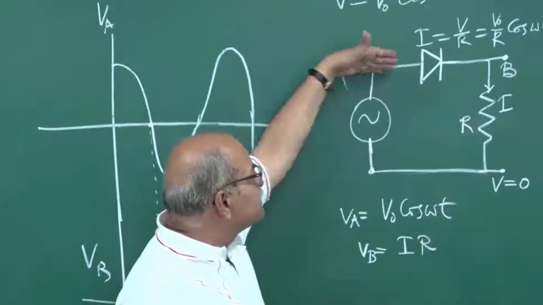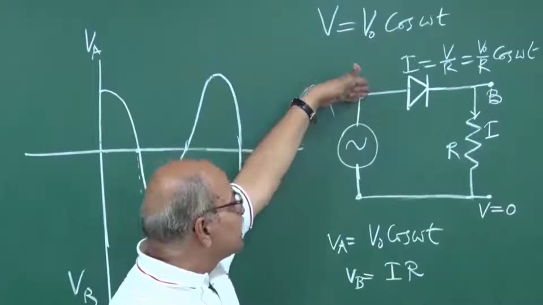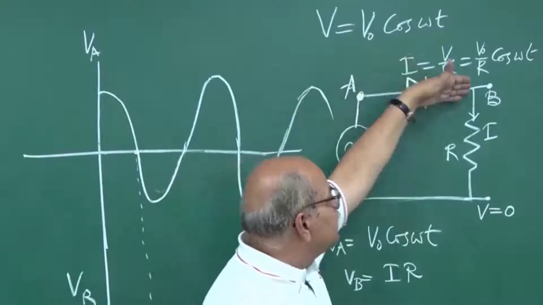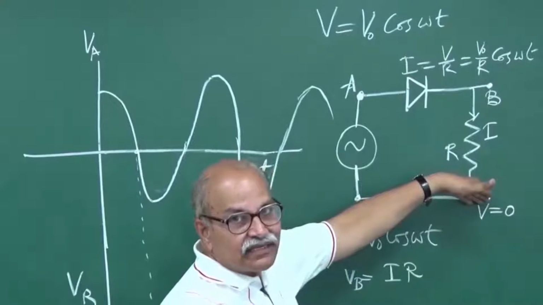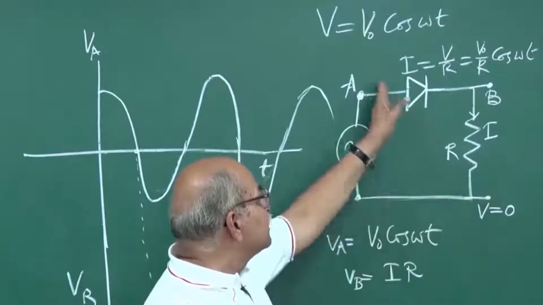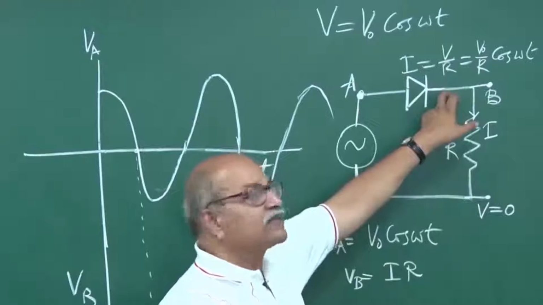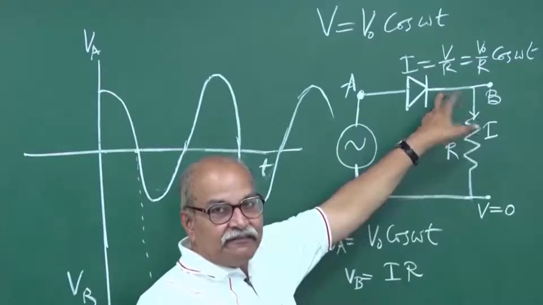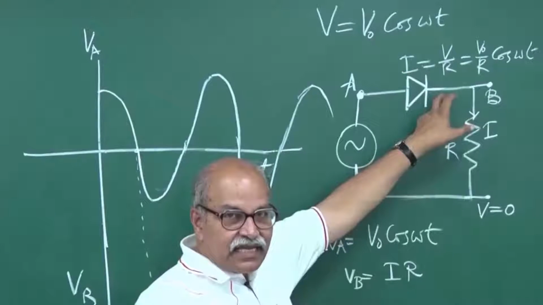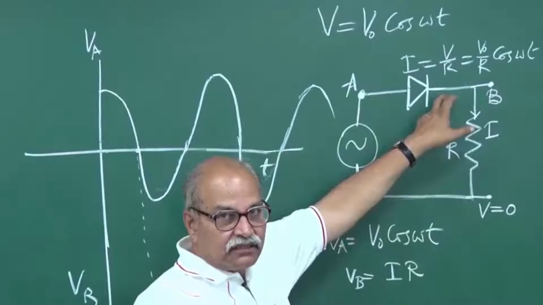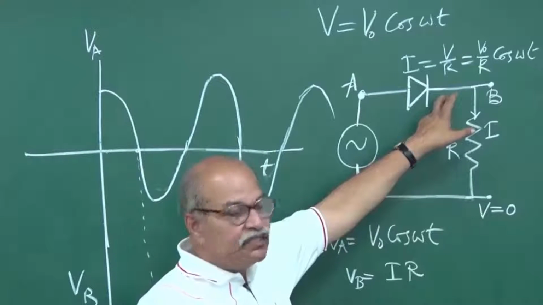Your P side is connected to a positive voltage, and the N side is connected to this 0 side. So higher potential here and lower potential here. This is forward biased.